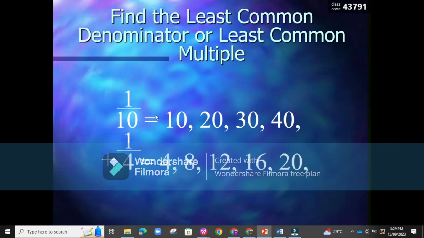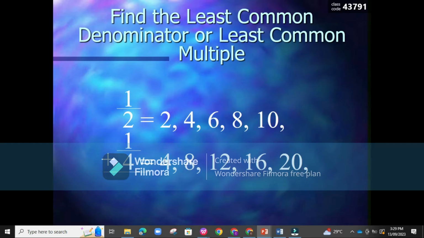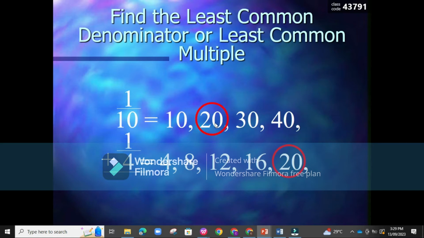Next, how about 1 over 10 and 1/4? So we have the multiples of 10: 10, 20, 30, 40. For 1/4: 4, 8, 12, 16, 20. Okay, so the least common multiple is 20. For 1 over 10 and 1/4, the LCD is 20, or least common multiple.